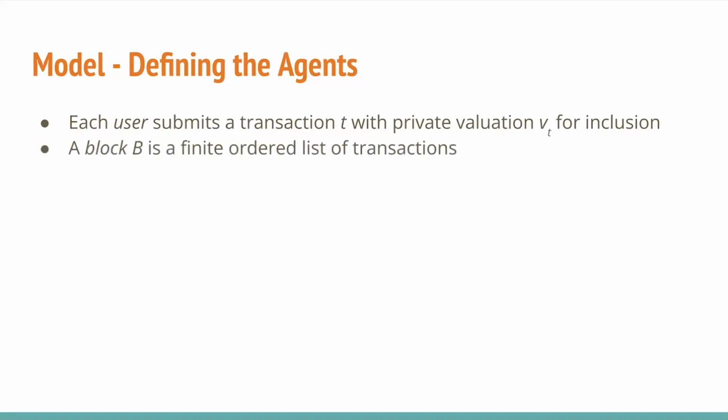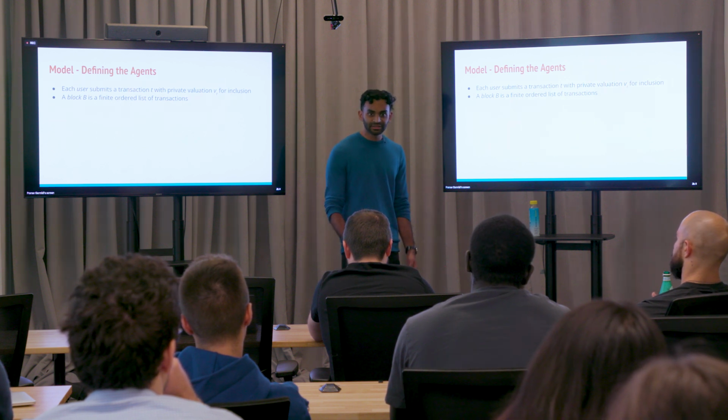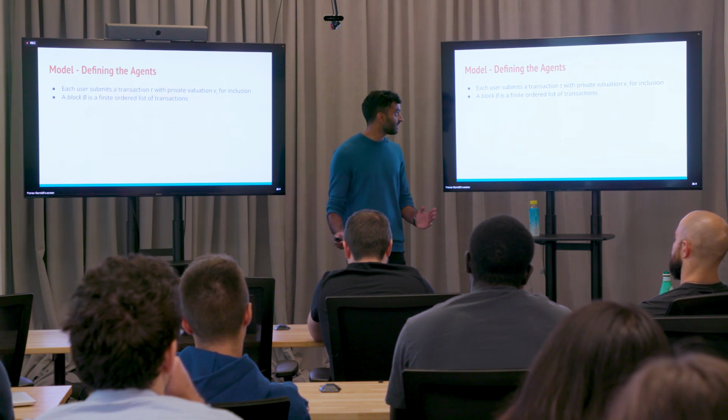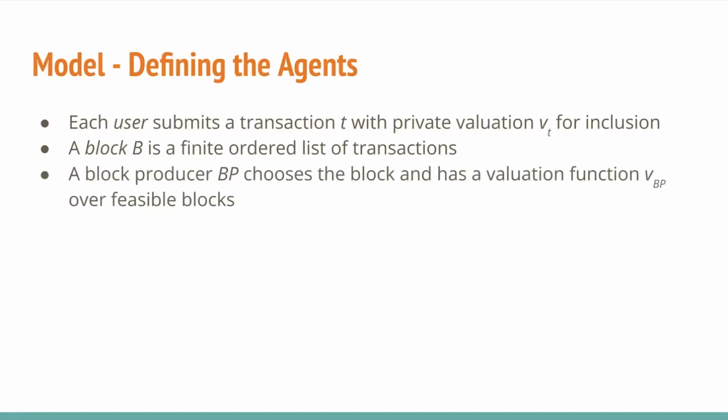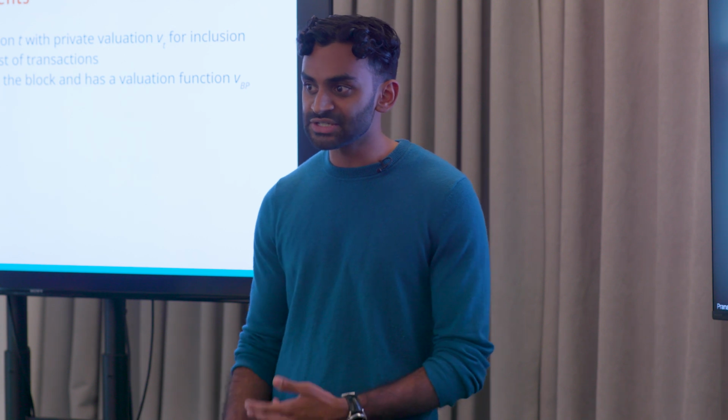We'll define a block B as a finite ordered list of these transactions and some other transactions that the block producer might put in that are coming from other sources. And we'll define a block producer BP as getting the final choice of choosing a block, which means choosing what transactions get in the final block, along with their ordering, along with inserting their own transactions, all the classic MEV stuff.